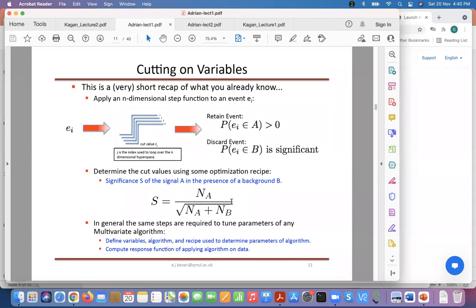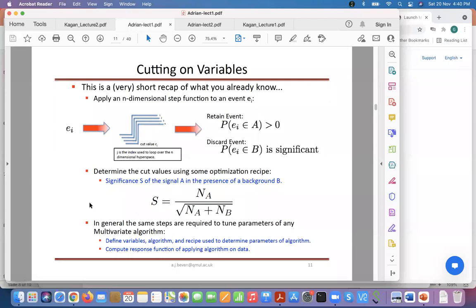Okay. So in a cut and count analysis, you essentially do some kind of optimization of where to apply the selection criteria for doing the analysis, and that decision, again, as I said, is based on logic.